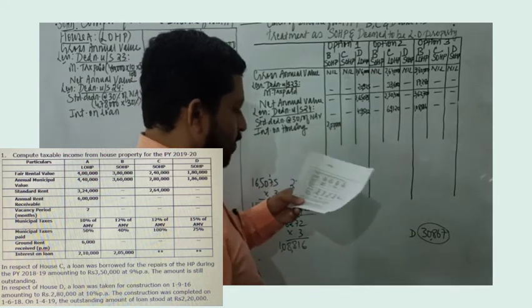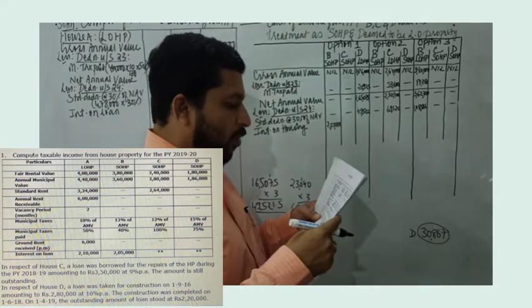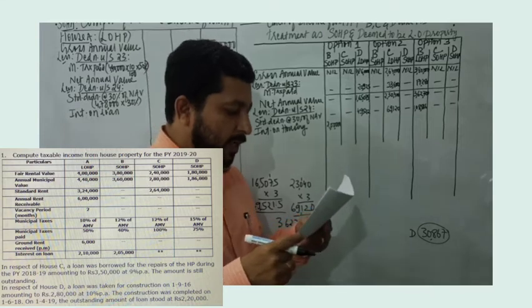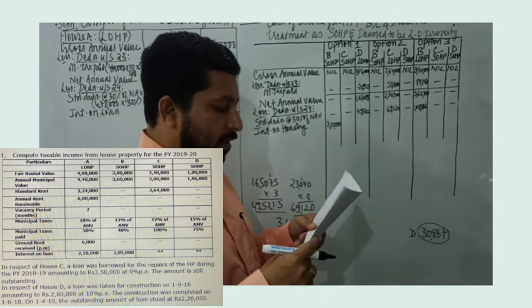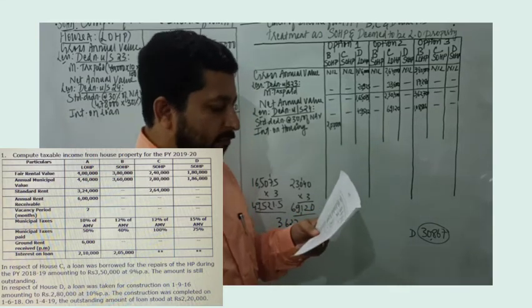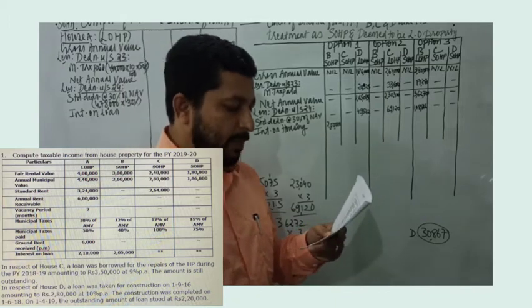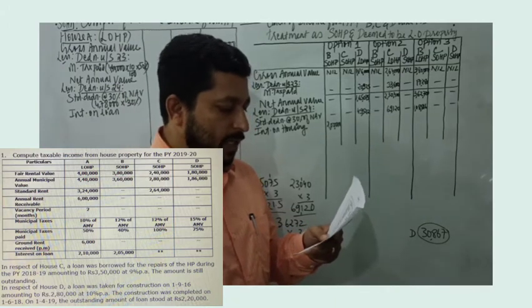Then for house C, a loan was borrowed for repairs of house property during the previous year 18-19, amounting to rupees 3,50,000 at 9% per annum. The amount is still outstanding.